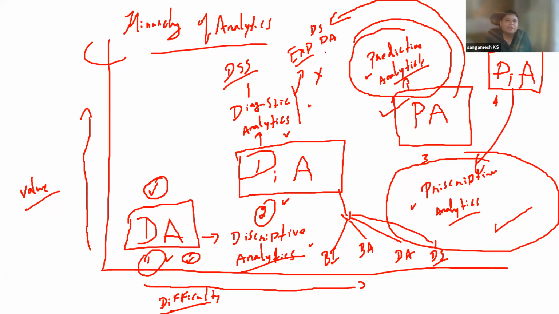Adding to that, you also have specific roles like ML experts and something known as AI experts. These are some roles which are being created in an organization. Data scientist, data analyst, machine learning expert, AI expert, all of them are part of predictive analytics as well.